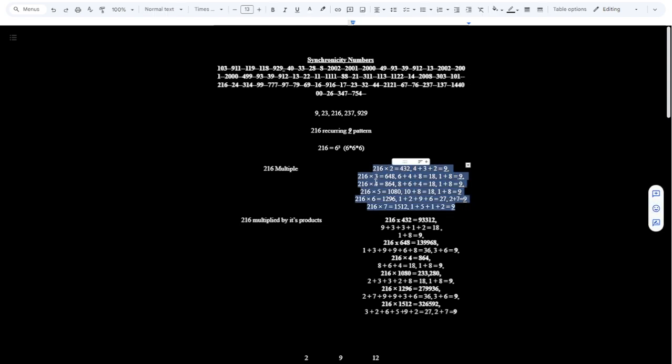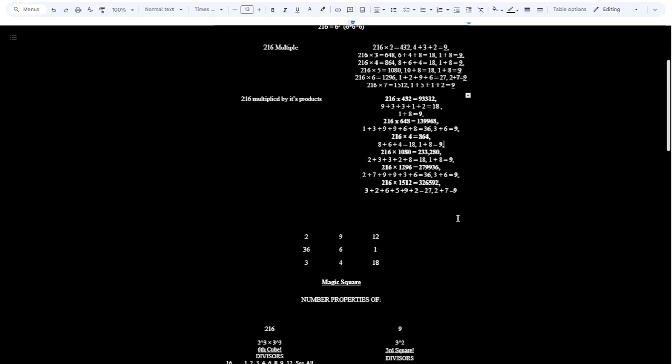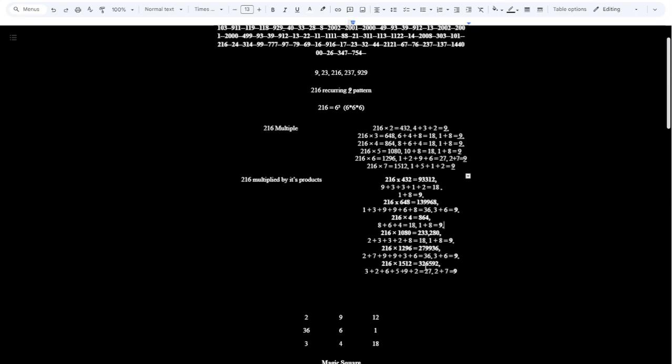So you take the product of this right here, which is 432, and you do 216 times 432, and you can see that it continues. The pattern of recurring 9s continues. 9, 9, 9. It all adds back to 9.